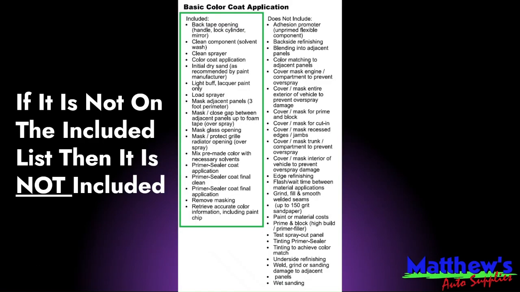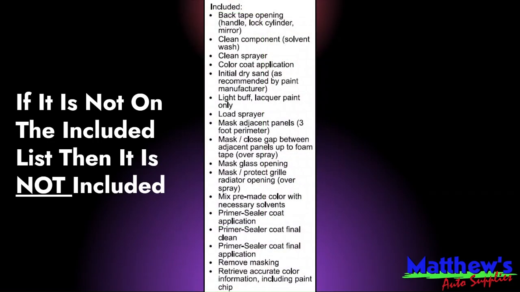We also looked at the basic color code application, and nowhere does it say that it does not include a second color, but also in the included portion, it doesn't say that it does include a second color. So again, if it's not on the included list, then it's not included.